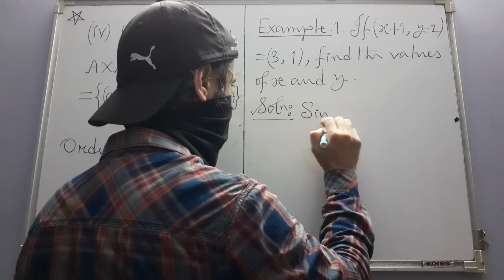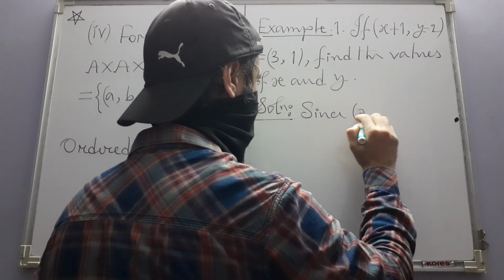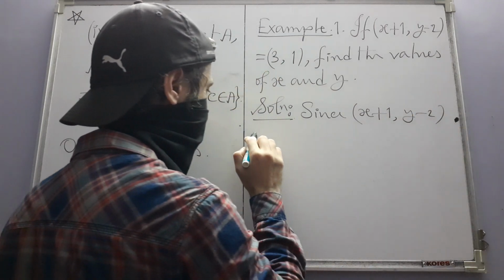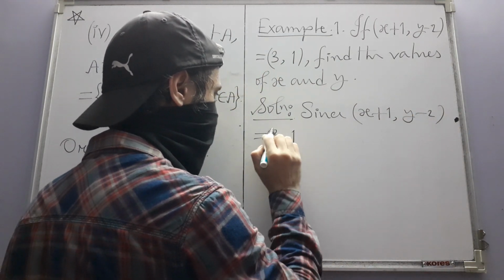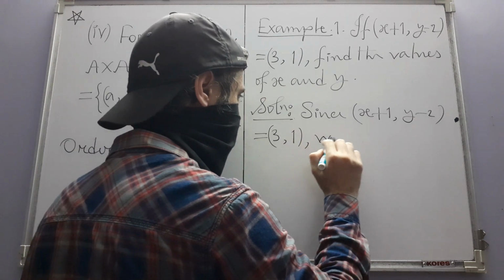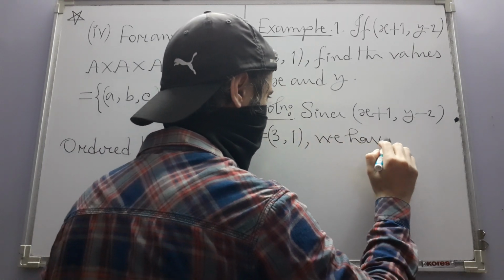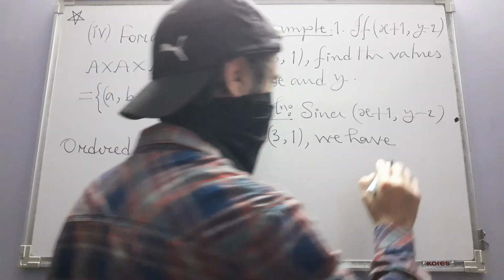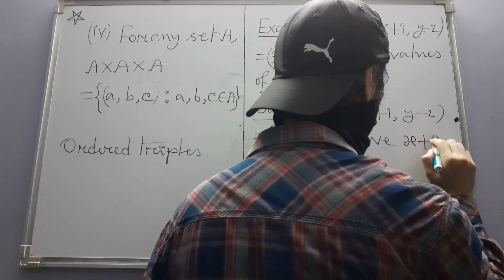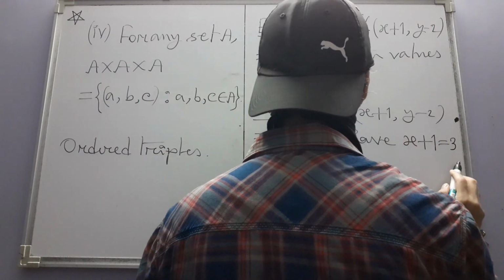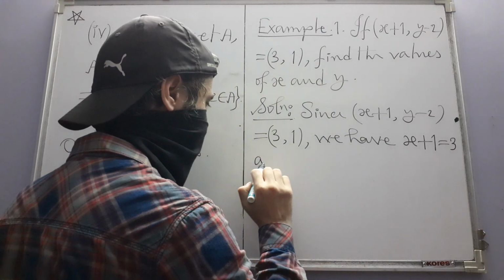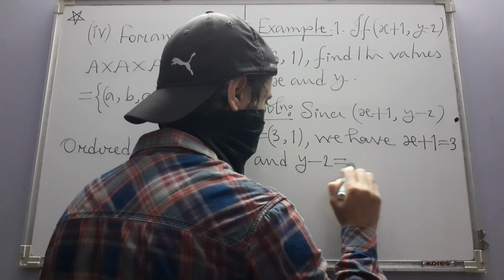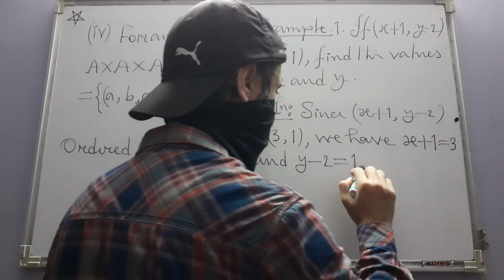Since (x plus 1, y minus 2) is (3, 1), we have, what shall we have? The first components have to be equal. That is, x plus 1 has to be 3, and the second components also have to be equal.